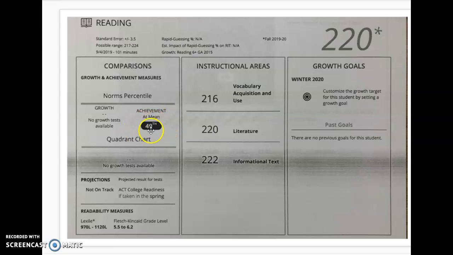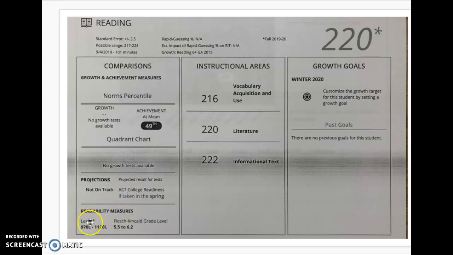We're basically an average reader. But if we were taking the ACT at this point, we're not on track. And this student is a sophomore tester, getting ready to take the ACT or the SAT in the fall. You probably want to take a look at that and go, hey, I may need to work on my reading.